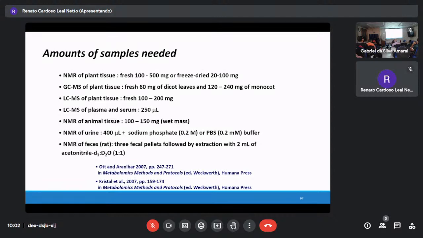If you are using cryo, it's 10 to 30 milligrams, more than that. And for animal urine, always 300 microliter urine plus solvent. And then animal feces, maybe, we cannot weigh this kind of sample.